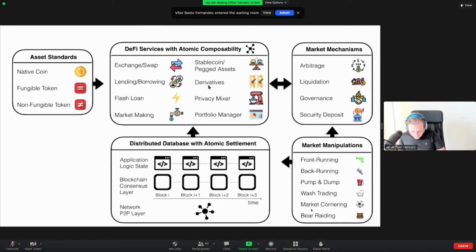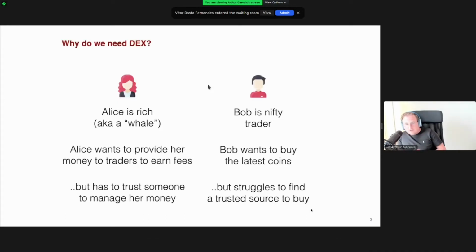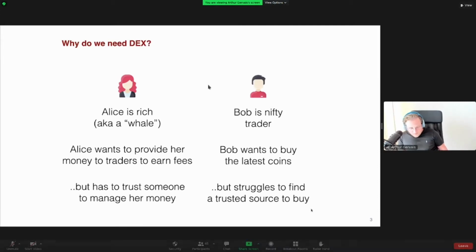Now you might ask, why do we need a decentralized exchange? What's the point? Why don't we just use a centralized exchange as we've done for decades? Well, if you ask Alice, who is rich, she may want to provide some of her money to traders to earn fees, right? So she wants to have her capital working for her, but she doesn't want to trust anyone. She doesn't want to trust a broker. She doesn't want to trust a bank to hold and manage her assets.